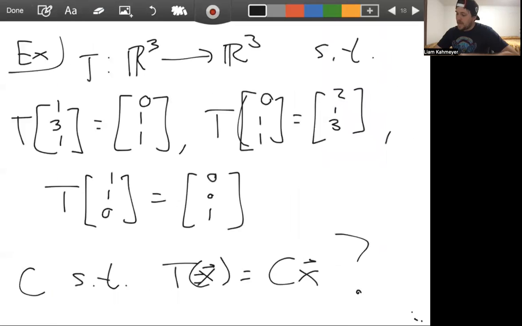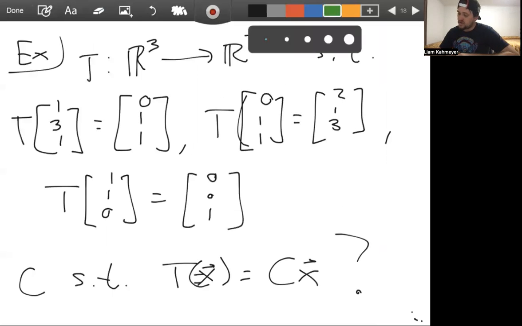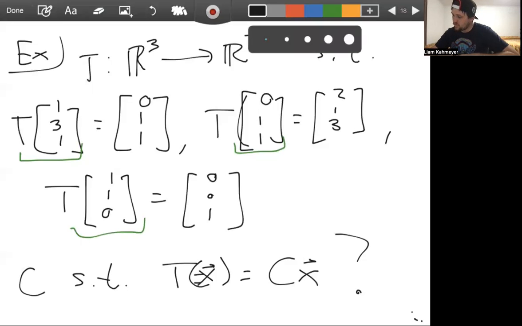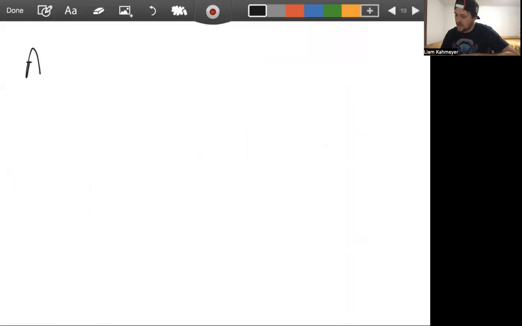The A1 through An are the vectors that we know how the transformation acts on: (1, 3, 1), (0, 1, 1), and (1, 1, 0). So A is the 3 by 3 matrix with columns (1, 3, 1), (0, 1, 1), and (1, 1, 0).